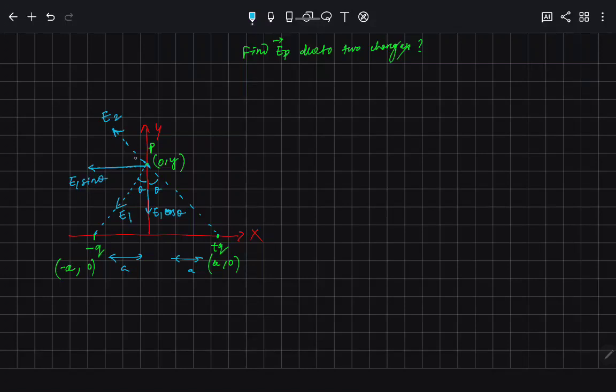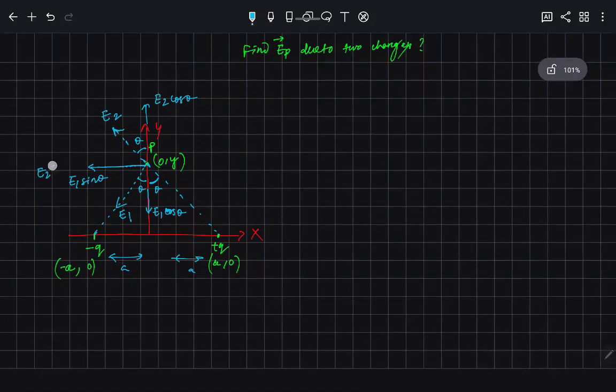Similarly, if I do the E2 component division, this angle will be theta. So along this direction E2 cos theta, and along this direction E2 sin theta, right?